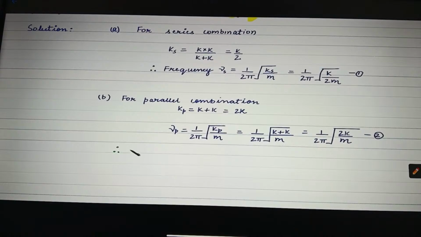Therefore, the ratio of frequencies, this is what we have to find in the question.